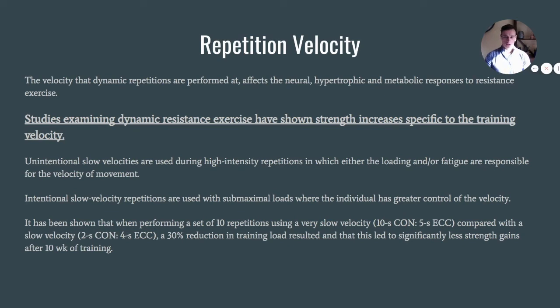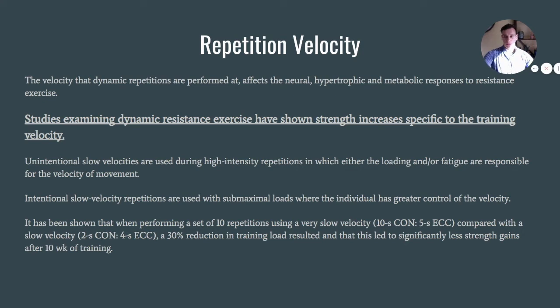It should be pretty self-explanatory as to why that might be. If each rep has a 10-second concentric and a 5-second eccentric, so each rep takes 15 seconds, then you're talking the best part of 2.5 minutes to complete that set, at which point we've moved way past strength training and into the realm of muscular endurance training.